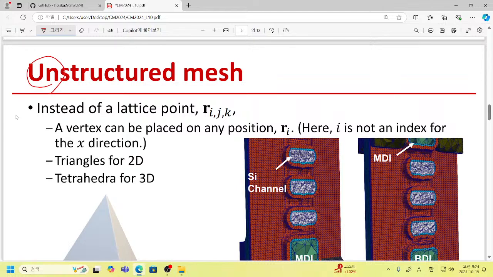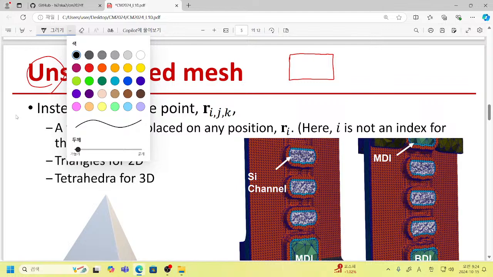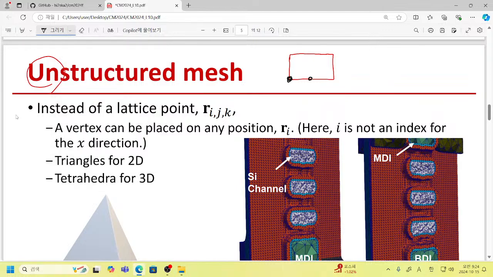If you have just structured mesh, then it is certain that if you have a rectangular structure or rectangular domain, and you just adopt this structured mesh, then this is quite easy.